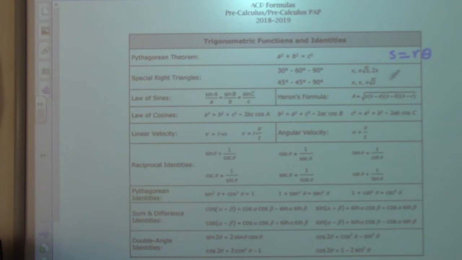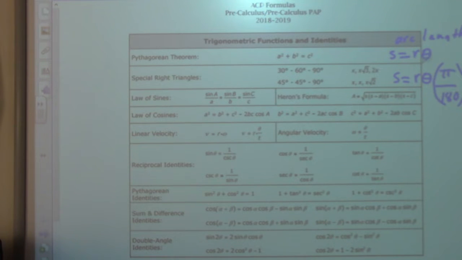Okay, and so that's S equals R theta. And by the way, these are called arc length formulas. And then also another version is S equals R theta times pi over 180.